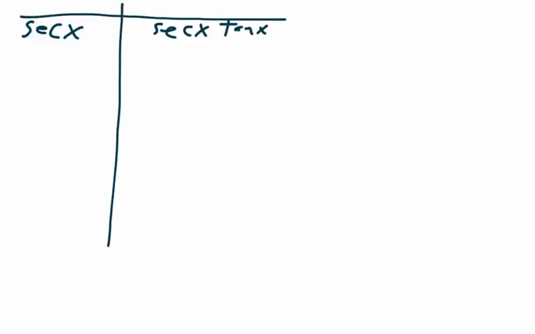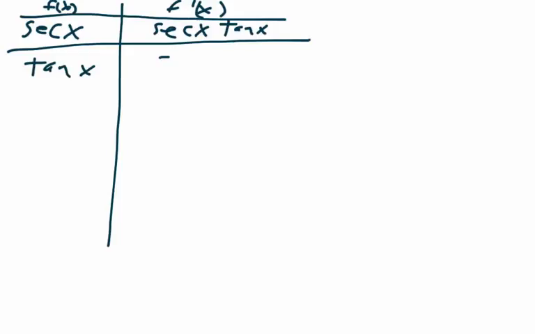For the trig rules, we'll just have f of x over here and f prime of x over here. So the derivative of secant is secant tangent. The derivative of tangent is secant squared.